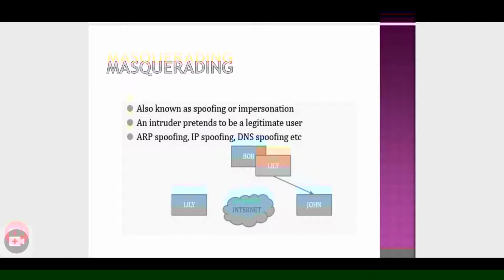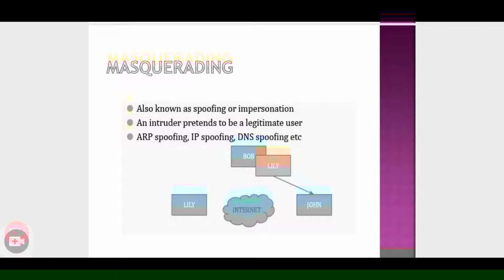He pretends to be a legitimate user, that is, he pretends to be Lily. So this is masquerading. ARP spoofing, IP spoofing, DNS spoofing, etc. all come under masquerading. So masquerading means an intruder pretends to be a legitimate user.